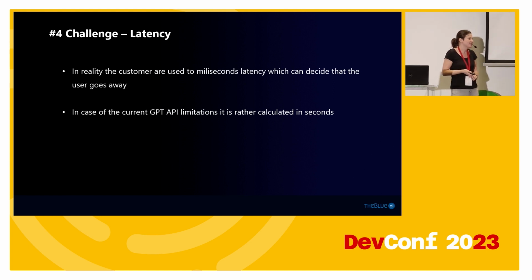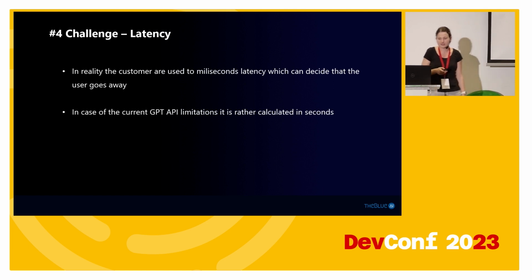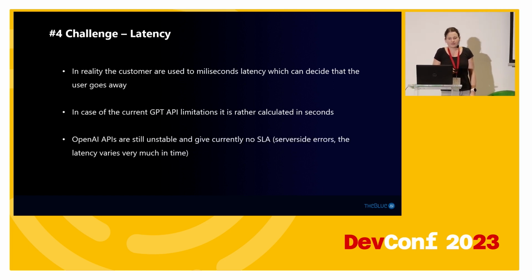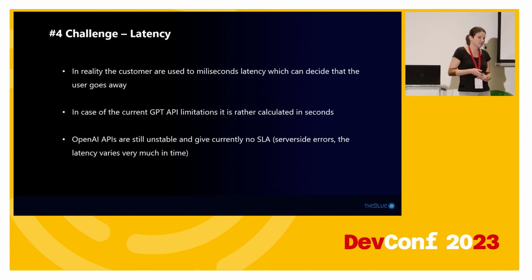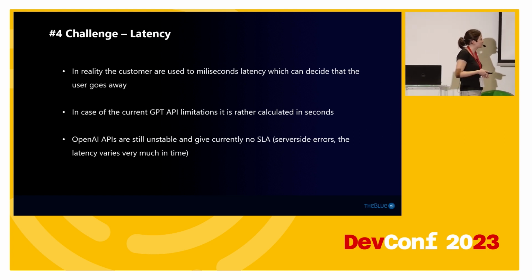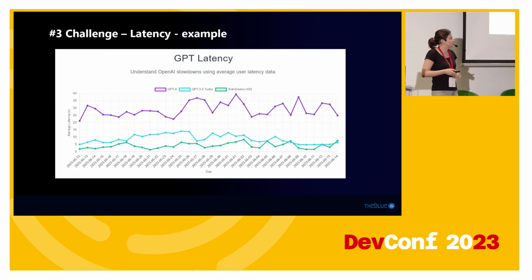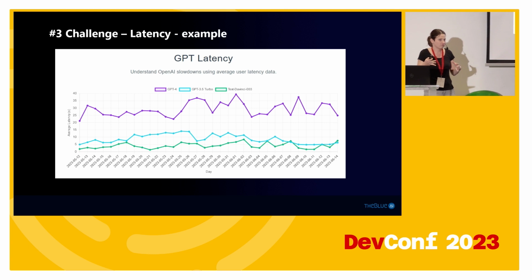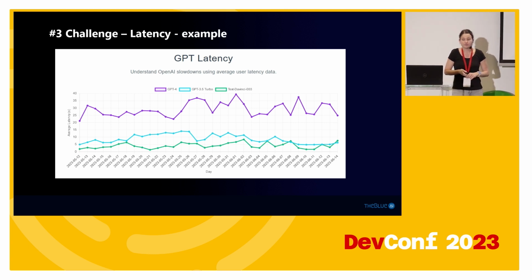If we're looking at the generally available APIs, it quite frequently is counted in seconds. And with the currently available APIs, we still don't have SLAs, and we sometimes have server-side errors. Sometimes we send a request and we get a response 5 minutes later. So we should be aware of the latency part and how to handle that.